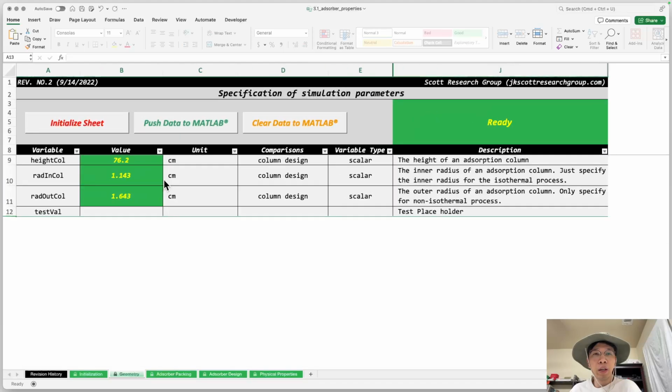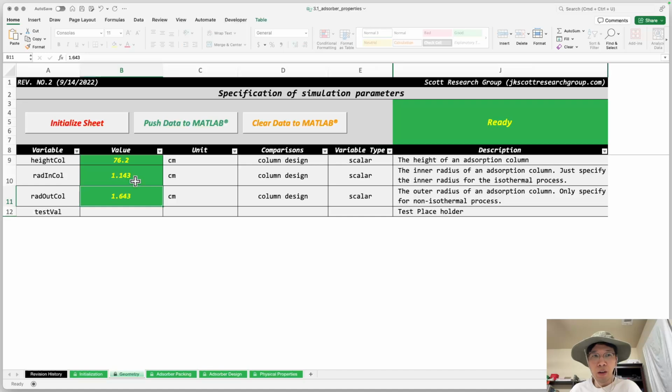The geometry is a critical factor, especially when you solve this system as a system of partial differential equations, then the geometry matters even more. But in toPSAil, we discretize along the axial direction, right? So it's a 1D model.